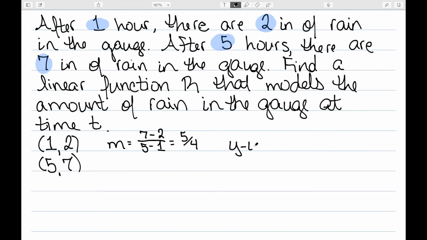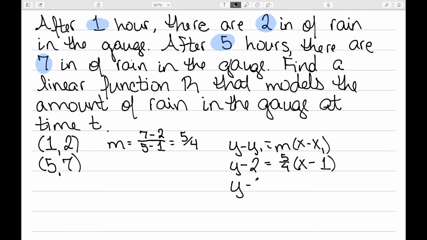We then use our point-slope form, y minus y1 equal to m times (x minus x1). I'm going to use this first point here, so I have y minus 2 equal to my slope, which we just found, times x minus x1, which is 1. Y minus 2 equal to 5/4 x minus 5/4.